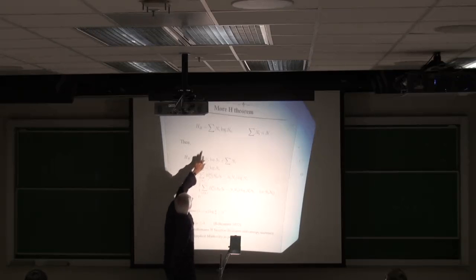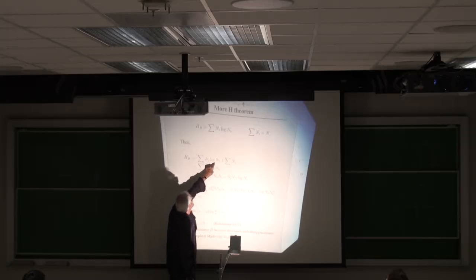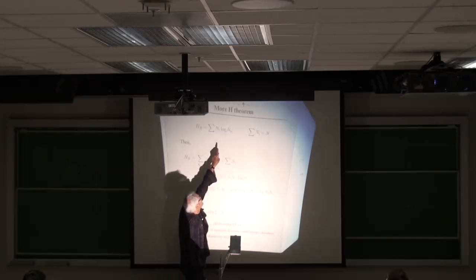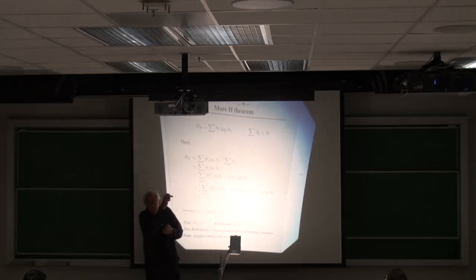Well, that's the summation. First, the derivative of n sub i: n sub i dot log n sub i, plus n sub i times the derivative of log n sub i, which is 1 over n sub i.